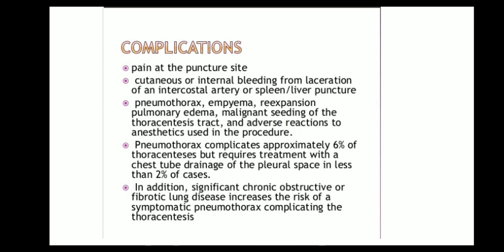The complications of this procedure include pain at the site, cutaneous or internal bleeding or laceration, pneumothorax, empyema, and re-expansion pulmonary edema. Pneumothorax is nothing but collection of air in the pleural cavity. In addition, significant chronic obstructive or fibrotic lung disease increases the risk of symptomatic pneumothorax complicating the thoracocentesis.